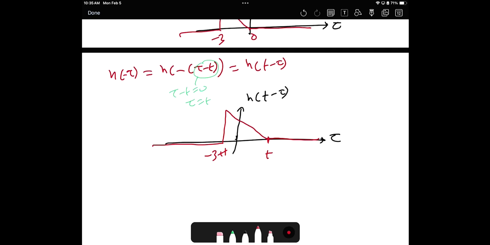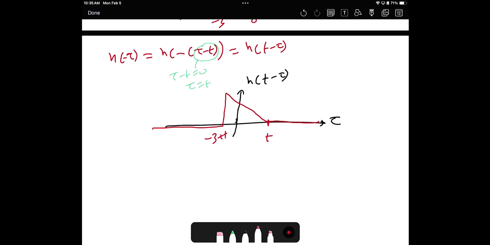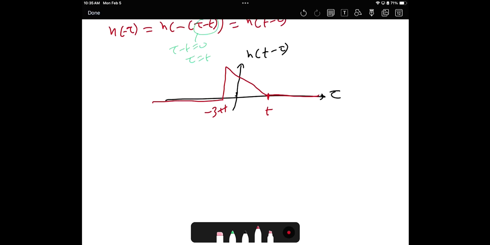Now for these plots, we have different cases, depending on the value of t. Here I assume t like this, while t can be something large. So if t is, for example, less than 0, the location of h of t minus tau will be different.